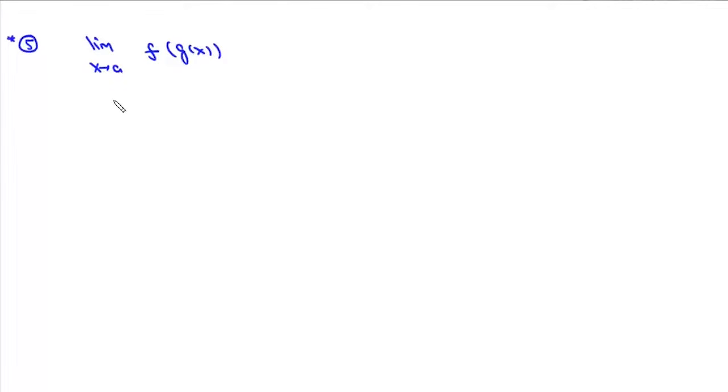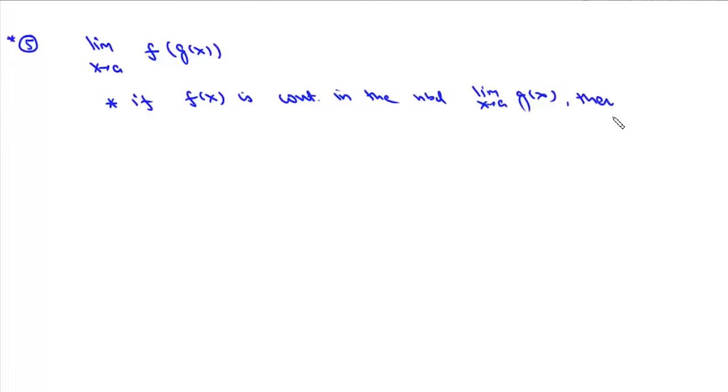Now if we have this condition that f(x) is continuous in the neighborhood of this limit x tends to a g(x), then we can write this limit, say L, as f of this limit x tends to a g(x).